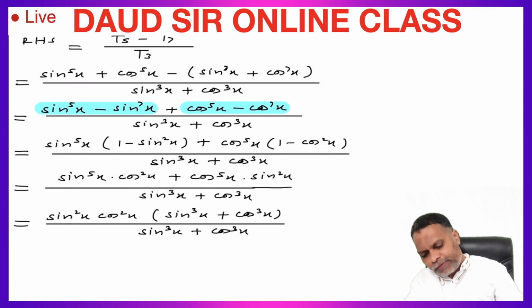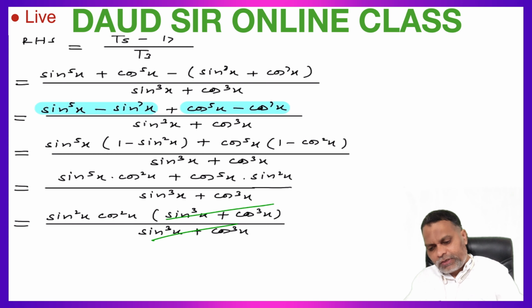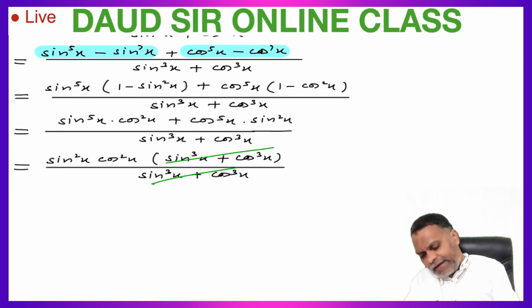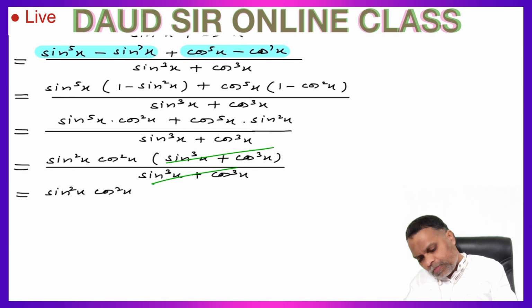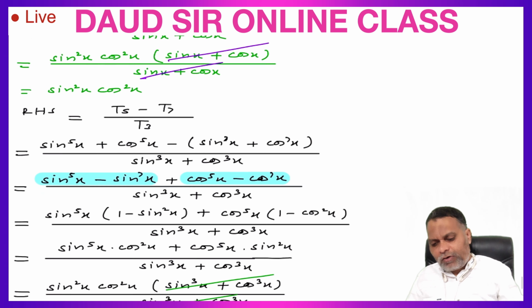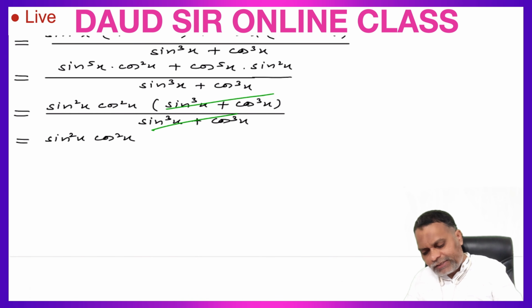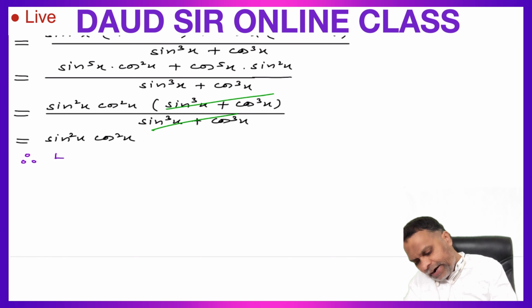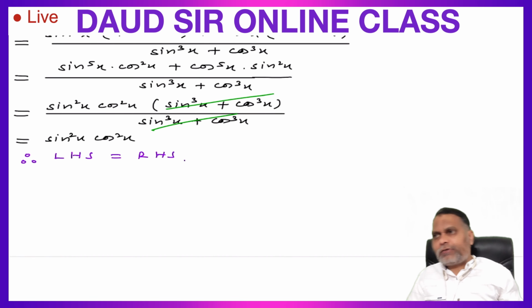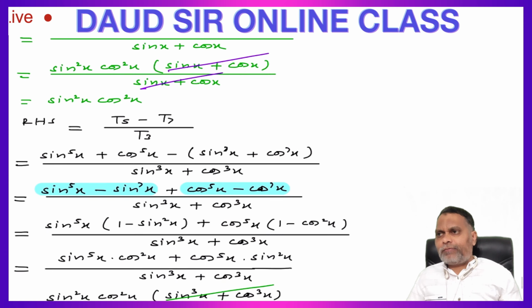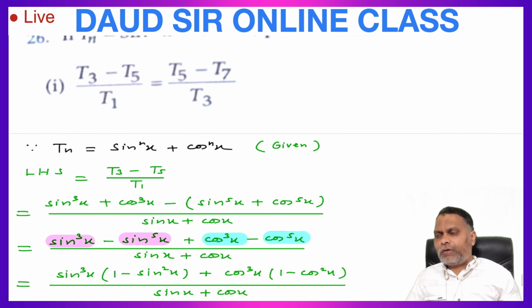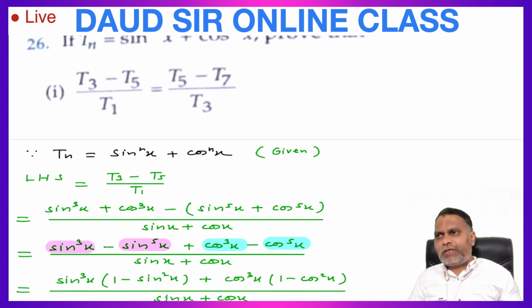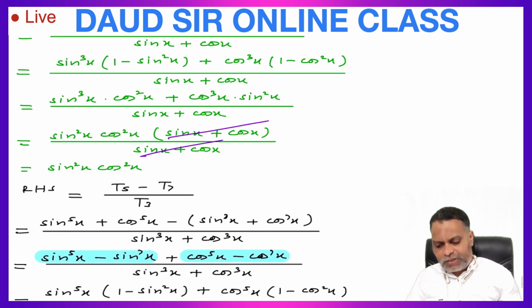This sin cube x plus cos cube x bracket cancels, so sin square x into cos square x is left. So clearly we can notice sin square x cos square x on both sides. Therefore left hand side is equal to right hand side. In this way we can prove the given: T3 minus T5 upon T1 is equal to T5 minus T7 upon T3.